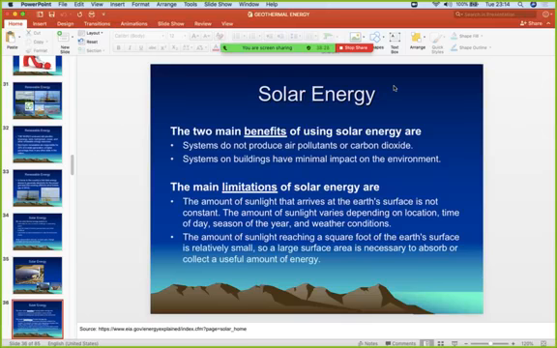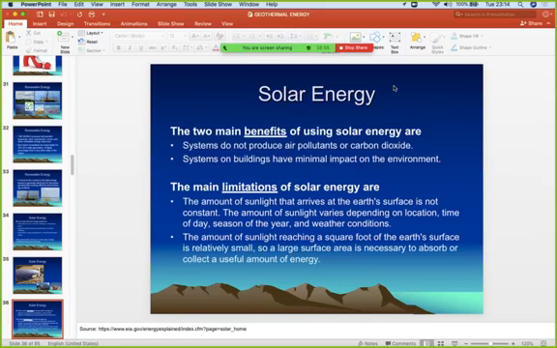So the main benefits of solar, the system does not produce air pollutants. Of course, you cannot also consume all the source from the sunlight. So the sunlight is a renewable energy. Now we don't know if that's consumed totally, that we will expect that the sun will no longer produce light.